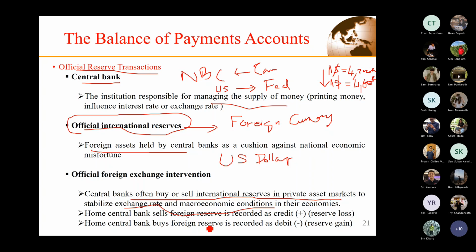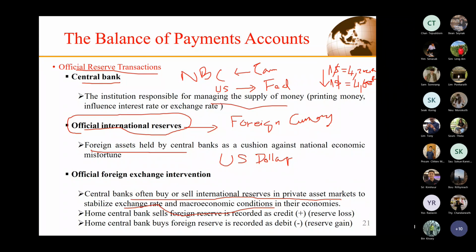So whenever the home central bank sells foreign assets, when it sells the foreign reserve out, we record it as a credit to mean reserve loss. We lost the reserve. For example, when the central bank of the Philippines sells its foreign reserve, we record it as a credit, a reserve loss.